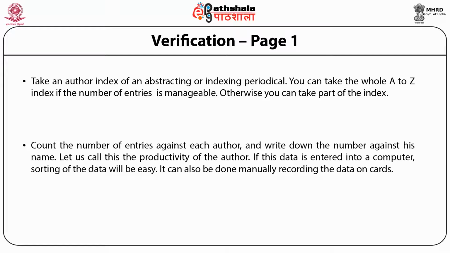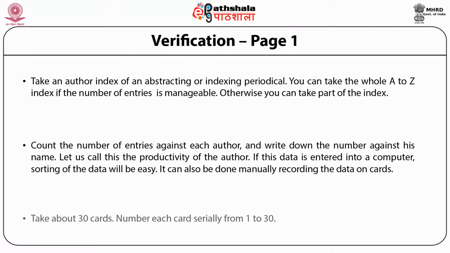Let us call this the productivity of the author. If this data is entered into a computer, sorting of the data will be easy. It can also be done manually, recording the data on cards.